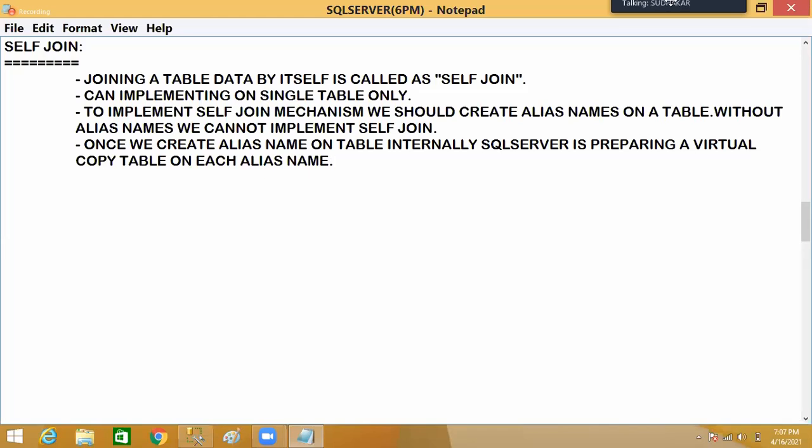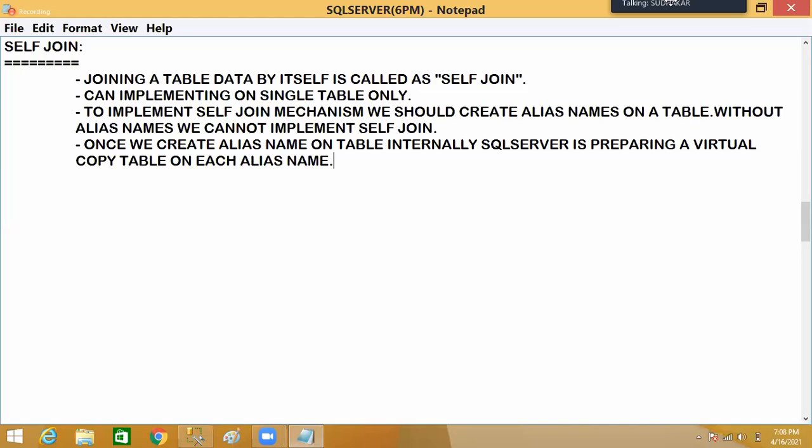So for every alias name created on your table, internally your SQL Server is preparing virtual copies on each alias name.